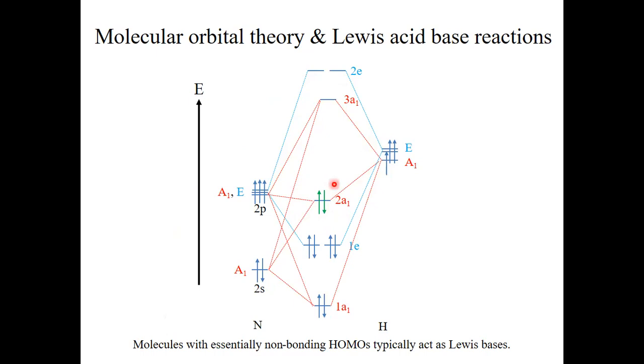And we have also determined that it's approximately non-bonding, because it's that intermediate energy a1 orbital. The low energy one would be the 1a1, and the high energy one would be the 3a1.